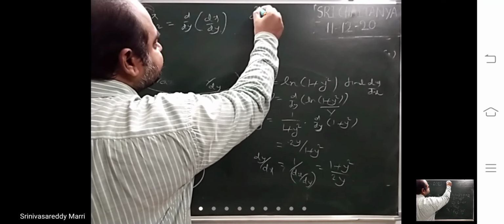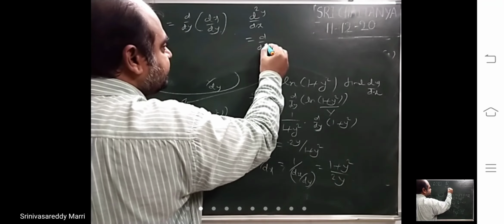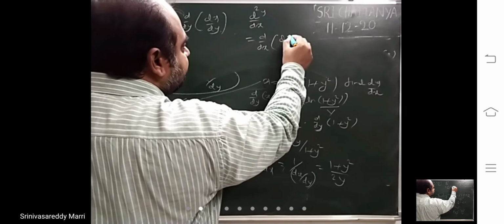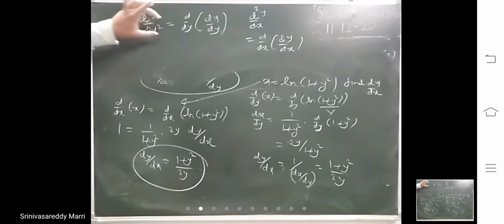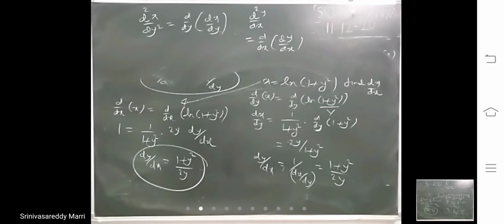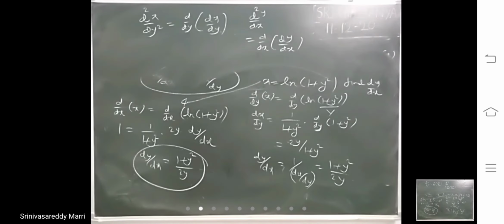Now we have seen this one. d square y by dx square is what? d by dx of dy by dx, the second derivative of y with respect to x. This is the second derivative of x with respect to y. d square x by dy square, whenever you are writing, is d by dy of dx by dy.